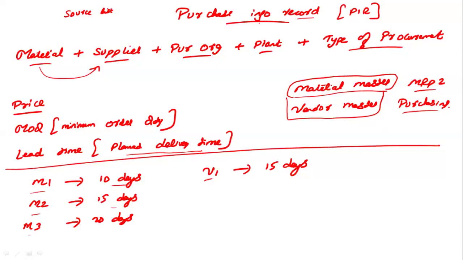But in vendor master, you can have only one lead time. So what they do, they take these 3 different materials and they put the average lead time in this vendor master. But that is not correct. So if I want to just buy the material M3, if I place an order, will my lead time be taken from material master or vendor master?